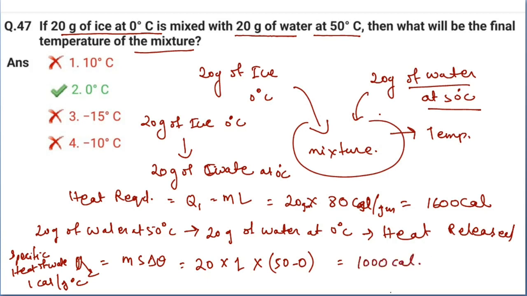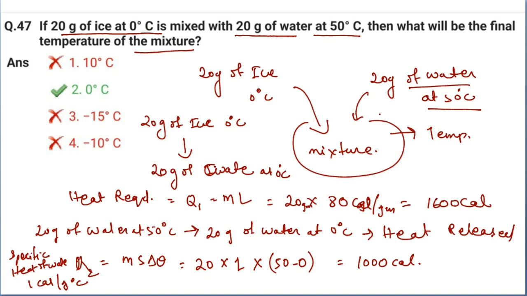So here what happened: for melting, the heat required is 1600 calorie, but during the conversion of water at 50 degrees Celsius to water at 0 degrees Celsius, the heat released is only 1000 calorie. As the heat released is less than the heat required, the final temperature of the mixture is equal to 0 degree.